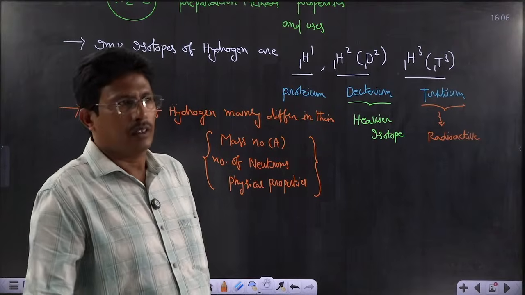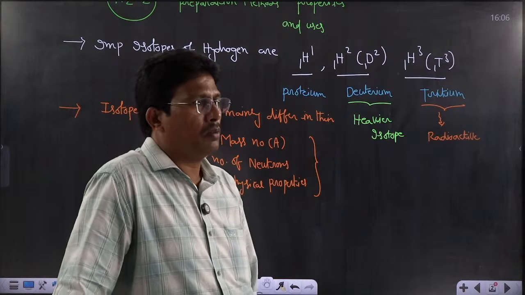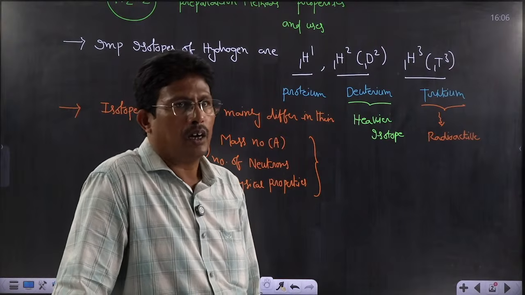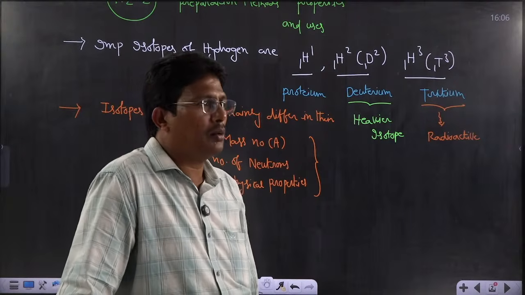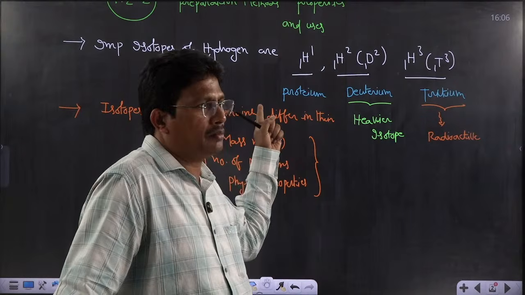Among the three isotopes, protium is called ordinary hydrogen. In ordinary hydrogen, protium content is very high.